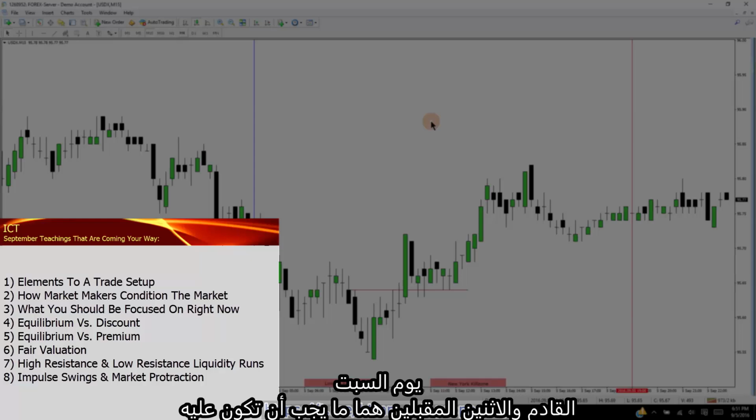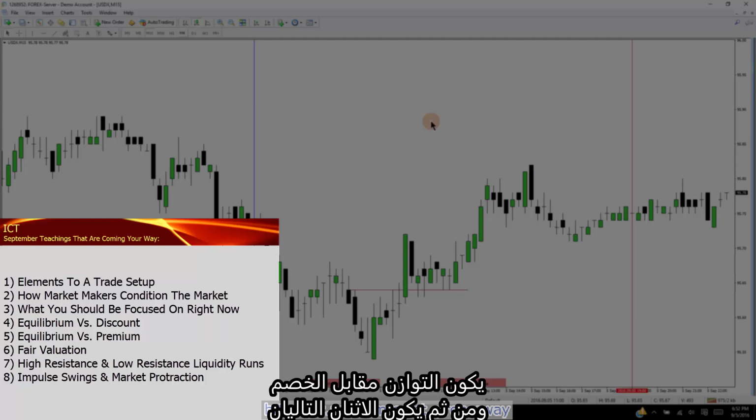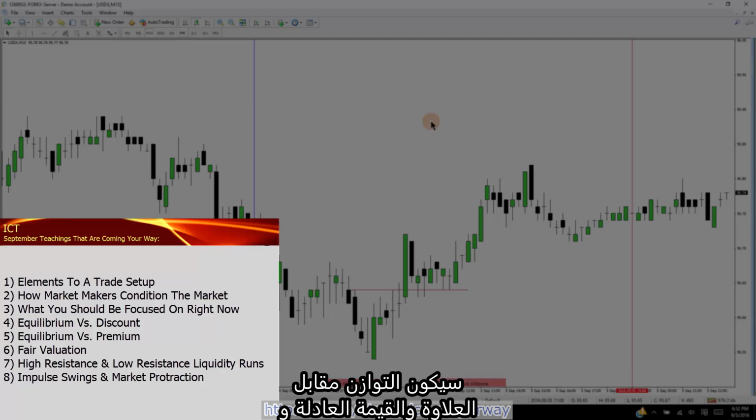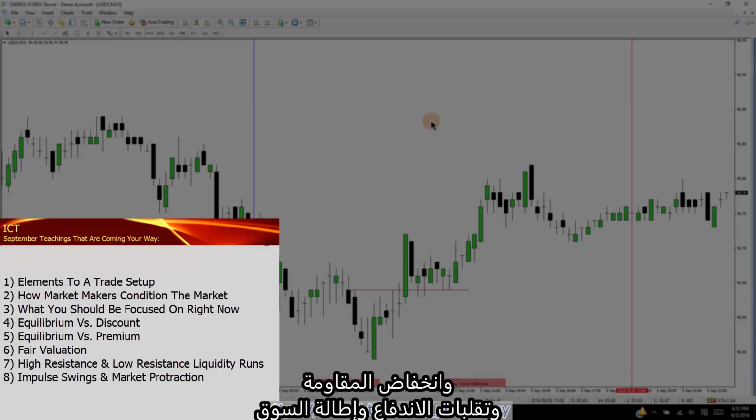And the next 2 are what you should be focusing on right now, and the second one of next week will be equilibrium versus discount, and then the next 2 are going to be equilibrium versus premium and fair valuation, and the next 2 are going to be liquidity runs, high resistance and low resistance, and impulse swings and market protraction.